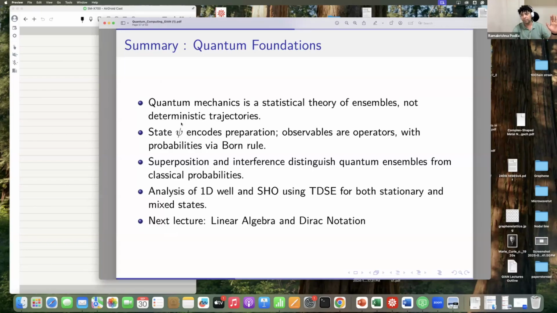It is not deterministic trajectories, but even if you want to think about it as a trajectory, you can think about it as a trajectory of an ensemble if you force me to say that. It is not a deterministic trajectory for a single particle, but we rather treat the quantum state of the particle as encoding the preparation.